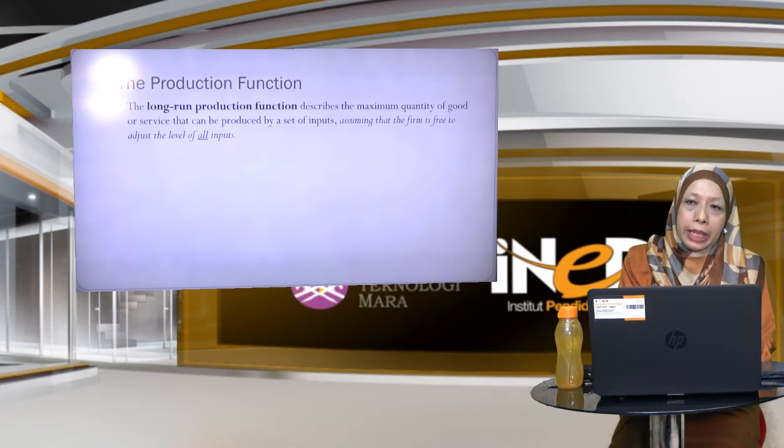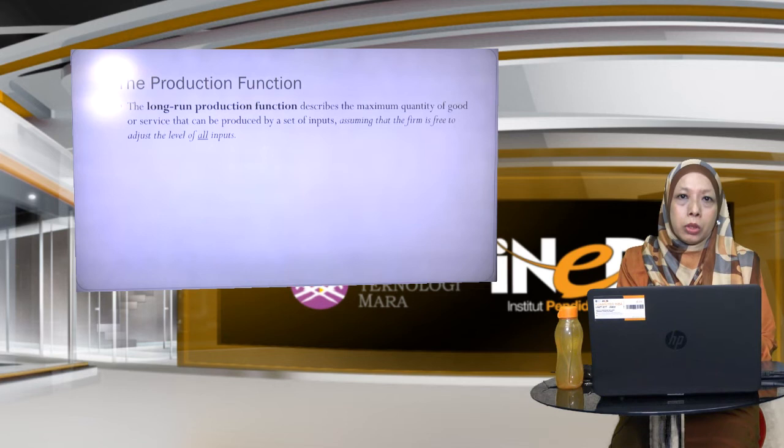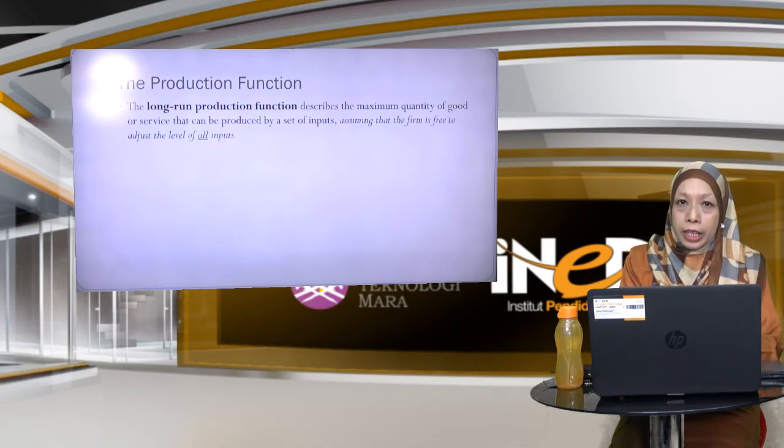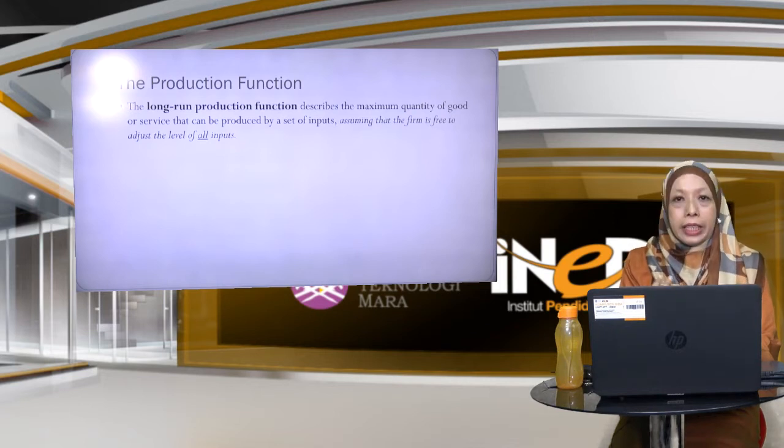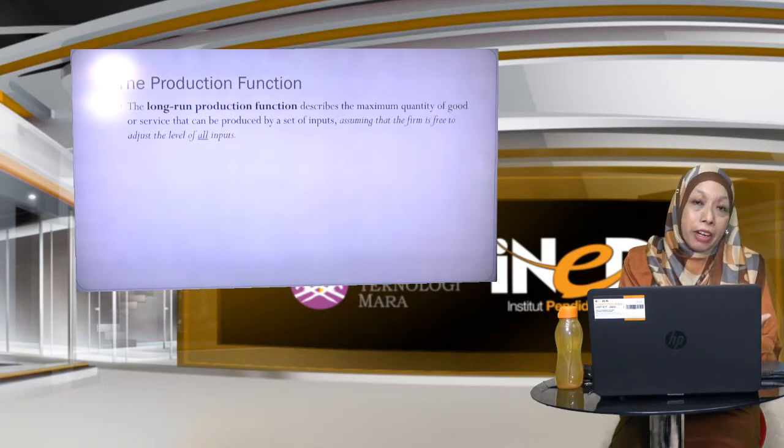But when it comes to labor, it is very easy to change the quantity. You can either encourage your workers to work overtime, or hire more labor. So here we are saying that in the short run, capital is the fixed input, labor is the variable input.